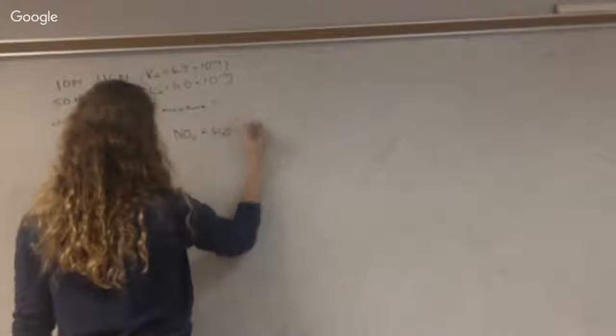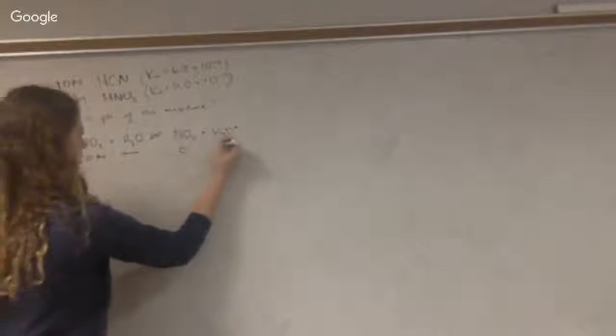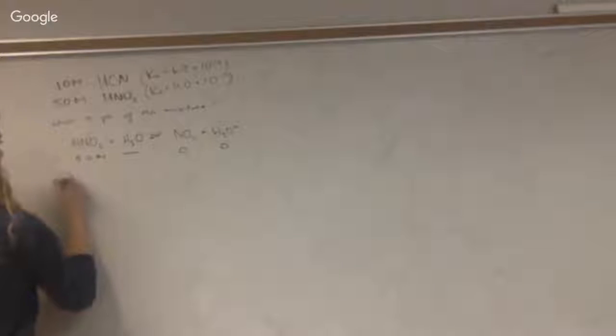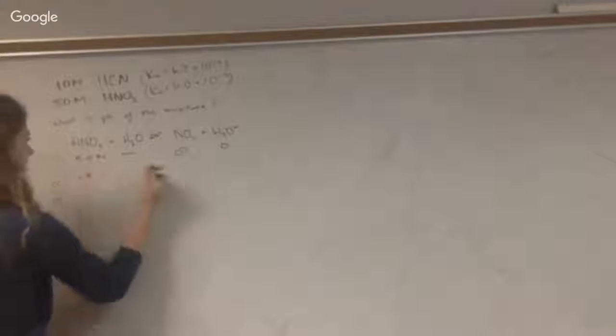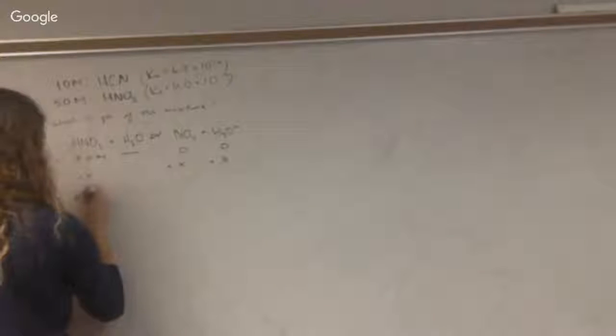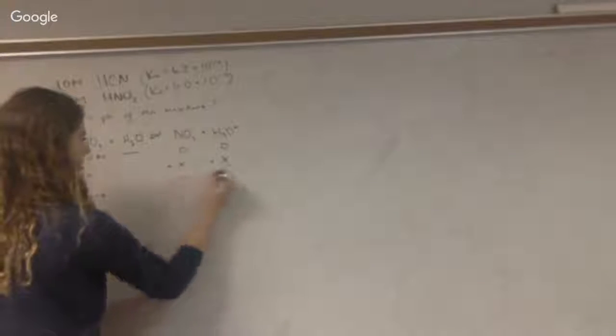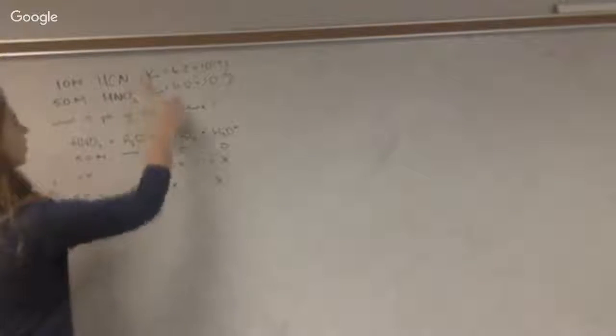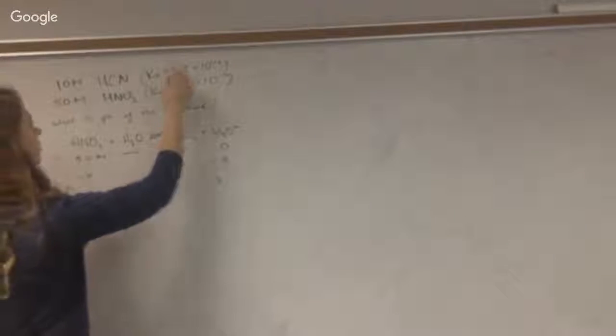Now, there has to be a significant gap between the two Kas. And if you take a look right here, you don't get much bigger of a gap than 10 to the negative 4 versus 10 to the negative 10. That's a factor of 10 to the 6 difference. That's 1,000,000 times bigger for one than the other. So we're going to be able to get our pH solely from the HNO2. 4.0 times 10.